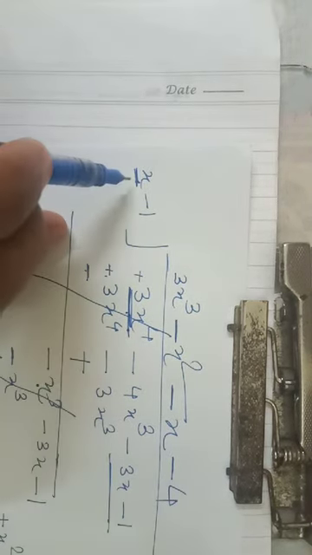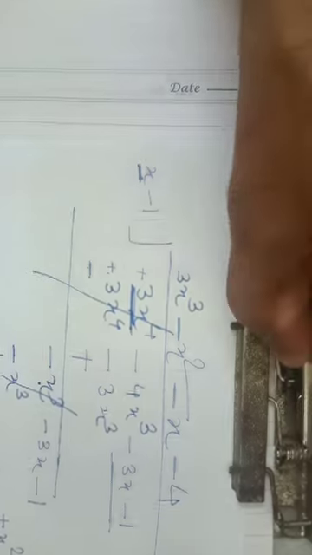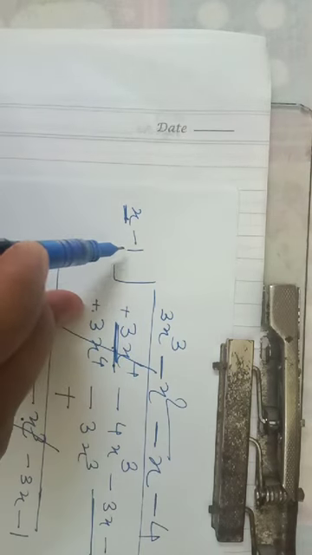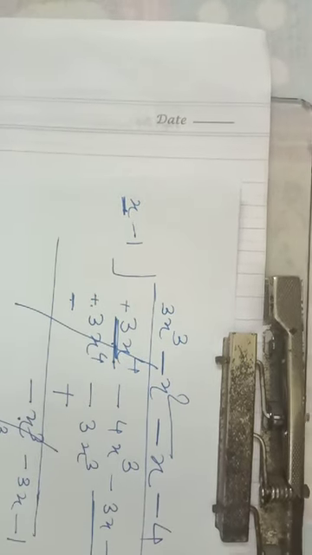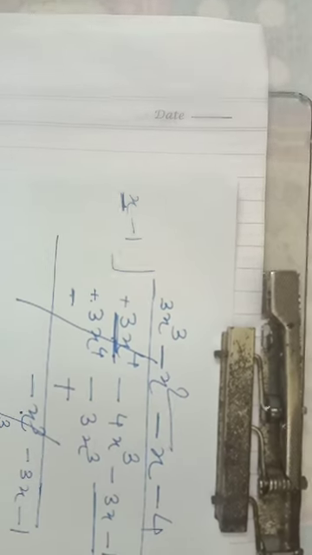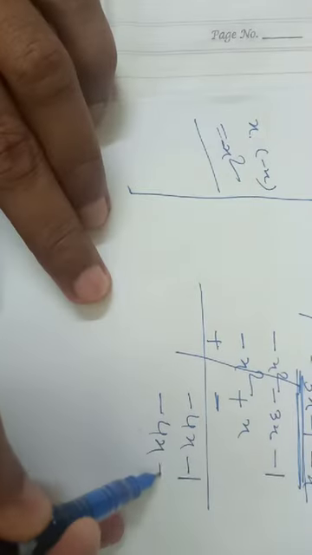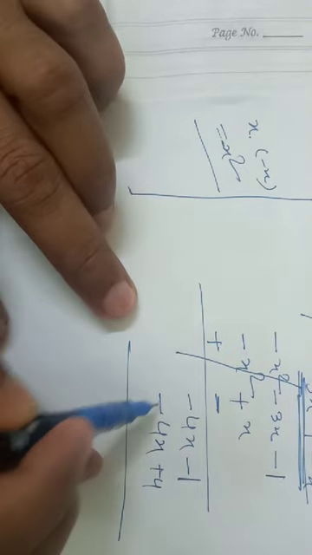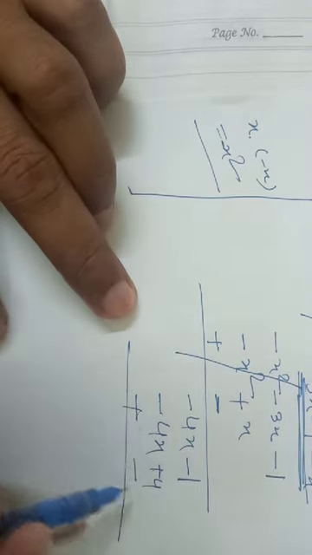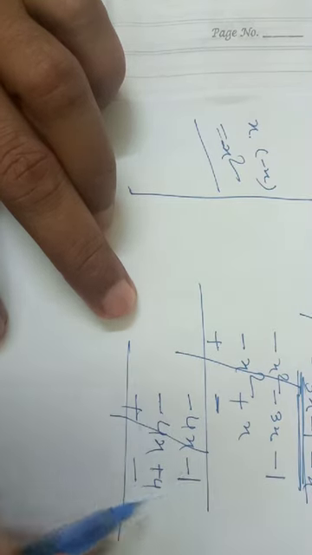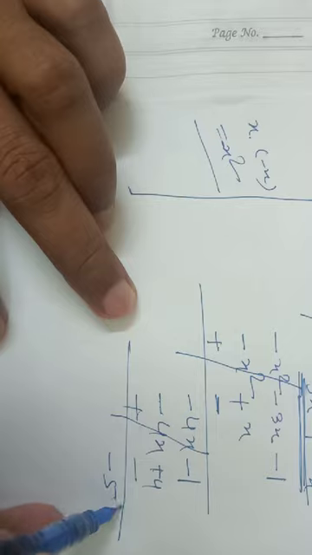Now multiply minus 4 into x, minus 4x, and multiply minus 4 into minus 1, that is 4, and minus minus plus, so that will be plus 4, clear? Signs will be changed, minus 4x plus 4x completely subtracted, minus 1 and minus 4, that will be minus 5.